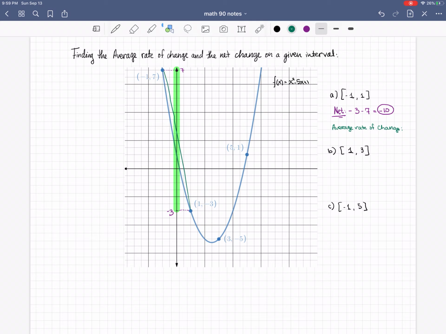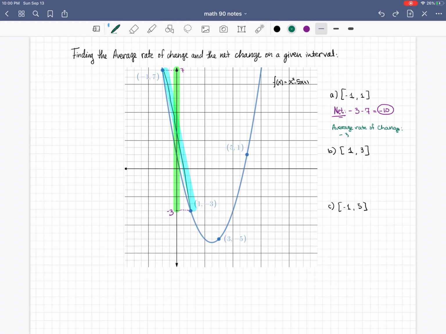There, it's not great, but good enough. So the slope of this line, and I'll highlight it also, but I've got the colors of my highlighter backwards. So the slope of that line is the average rate of change. And so, again, we know it's going to be negative because the net change was negative.